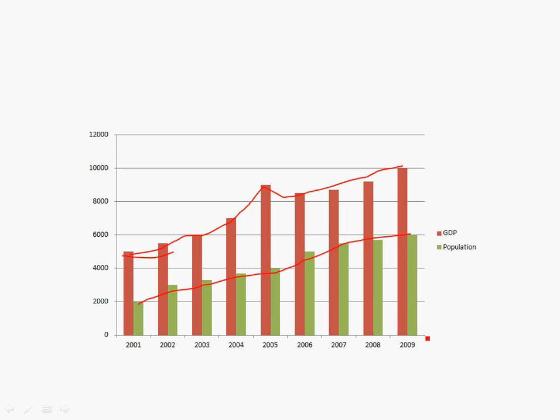There can be cases when there are two axes, so there can be an axis over here as well. So for example, if this number, let's say it becomes 2 lakh, 4 lakh, and it shows the GDP, right? So GDP would be plotted here. So this axis would show GDP and this axis would show the population number. So there can be a graph where two different axes are plotted.